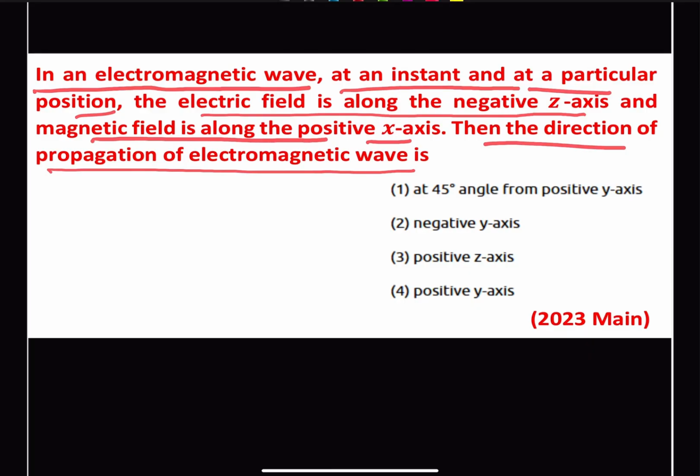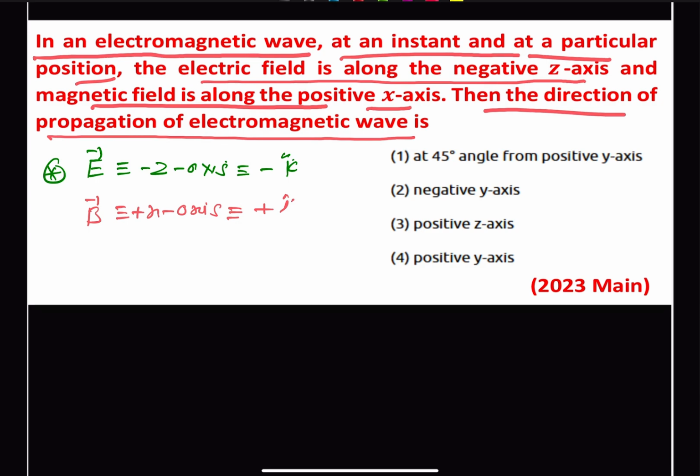We are given that the electric field is along the negative z axis, or minus k unit vector, and the magnetic field is along the positive x axis, which means plus i unit vector, and we have to find the direction of propagation.